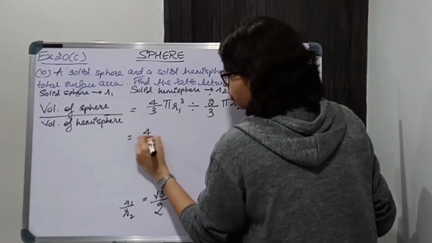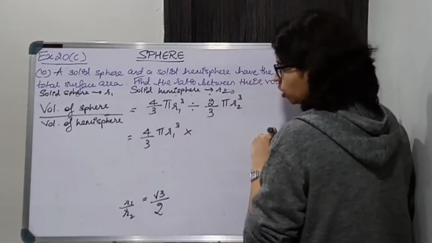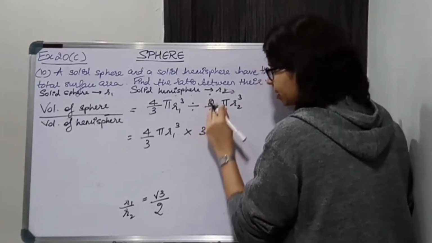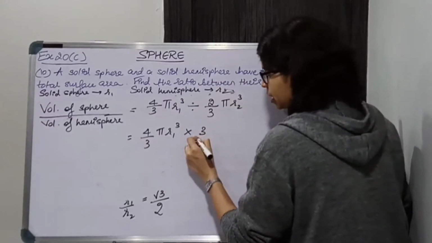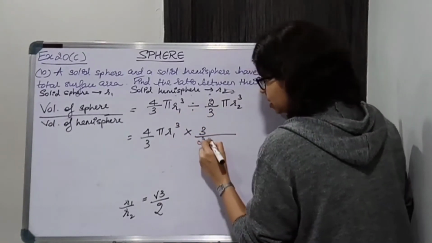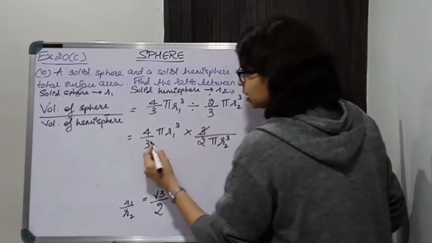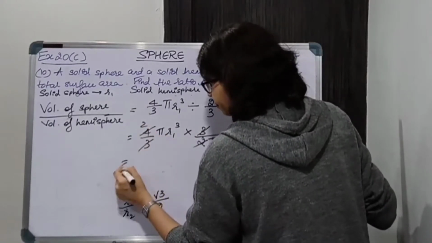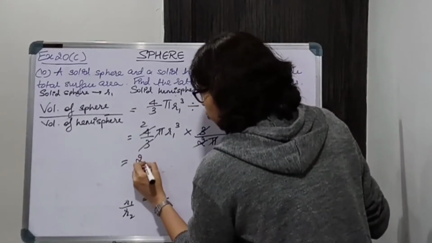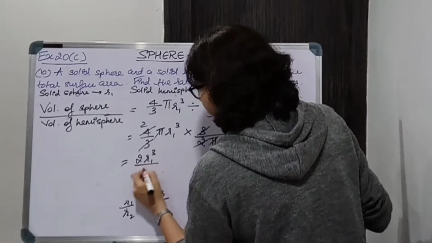So 4 by 3 pi R1 cube into, this will become reciprocal, so 3 will go in the numerator and rest all these will come in the denominator. When you turn division into multiplication, reciprocal हो जाता है. So this is 2 pi R2 cube. 3 will get cancelled, 2 2s are. Pi will also get cancelled. So 2 R1 cube upon R2 cube है.